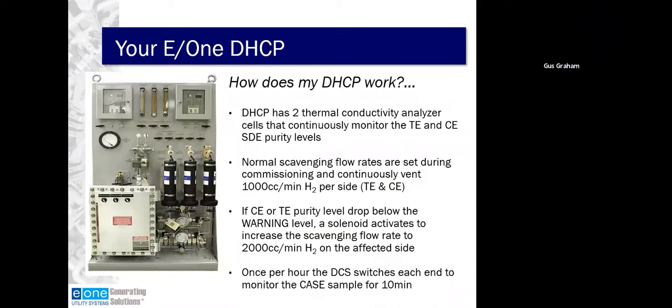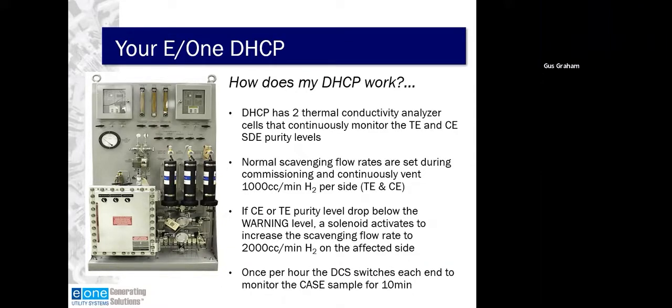So specifically, how does it work? The DHCP has 2 thermal conductivity analyzer cells that continuously monitor the turbine end and collector end seal drain enlargement tank purity levels. These analyzer cells are located in the large flame-proof enclosure located in the lower left hand of the unit shown on the screen there.